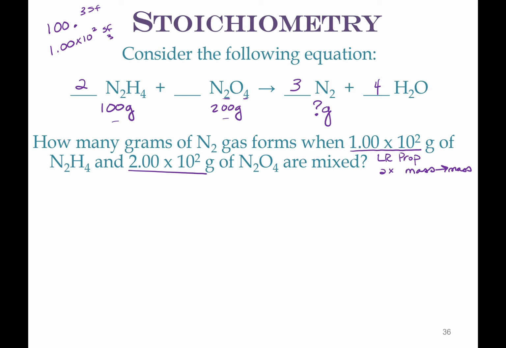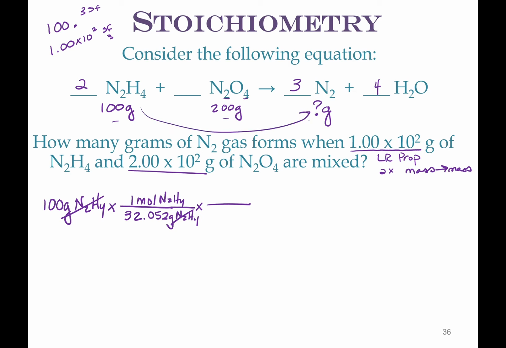Pause it. All right. So starting with 100 grams of the dinitrogen tetrahydride, so 100 grams of N2H4. I need the molar mass of N2H4, and I got 32.052 grams of N2H4 for every 1 mole of N2H4. I need the mole ratio step. I want to go from moles of this to moles of the question mark.